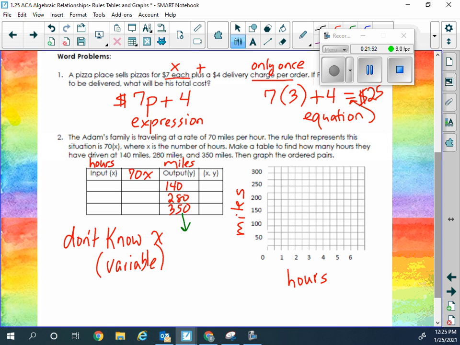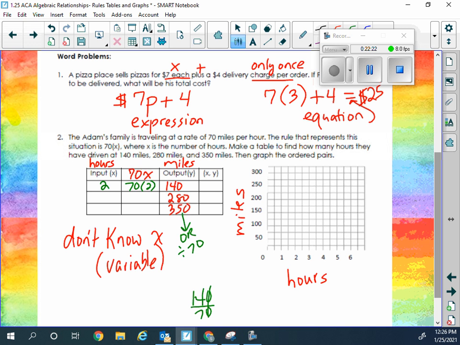Or I can think backwards. Instead of thinking 70 times what can I do? Divide by 70. That's exactly right. You can take that output and divide by 70. So 140 divided by 70 is going to give you what? 140 divided by 70 is going to be 2. Very good. Okay? Because 70 times 2 is 140.